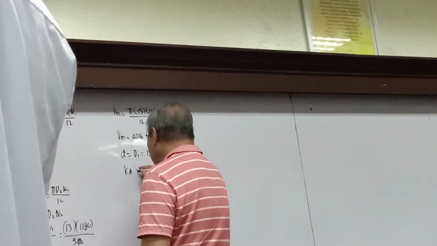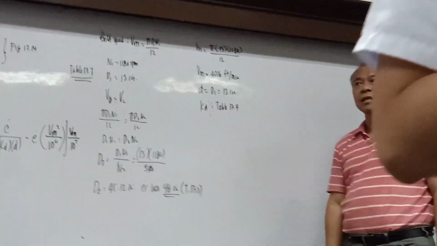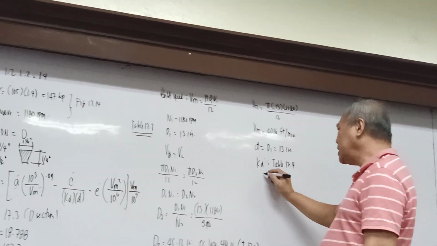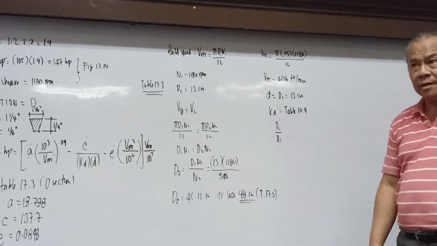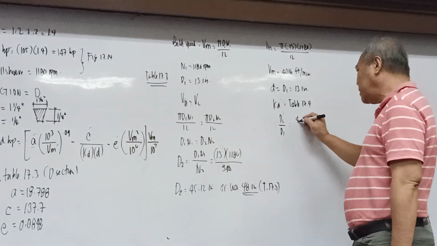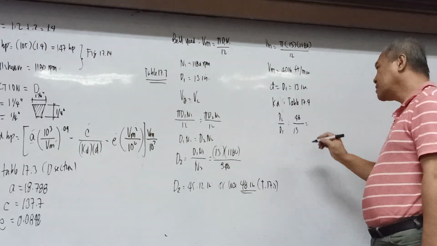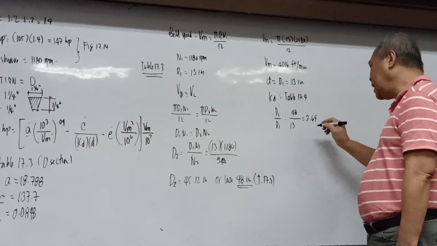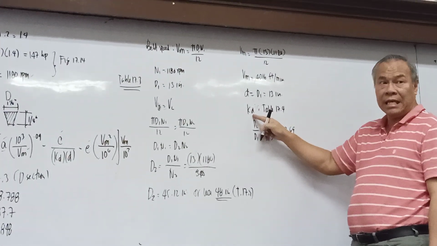So KD can now be determined on table 17.4. Paano? First, get the ratio between D2 over D1, the larger sheave over the smaller sheave. This is equivalent to 48 over 13, which is 3.69. Take note, 3.69 is not the value for KD.